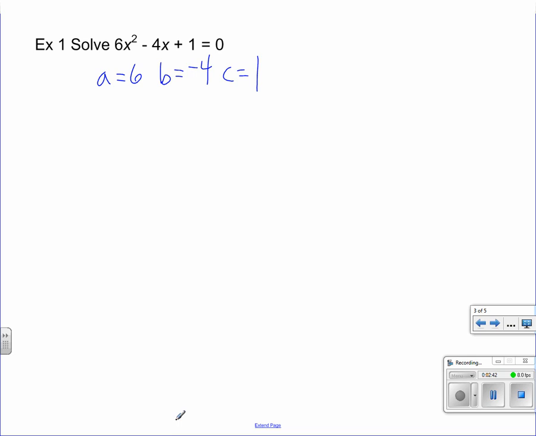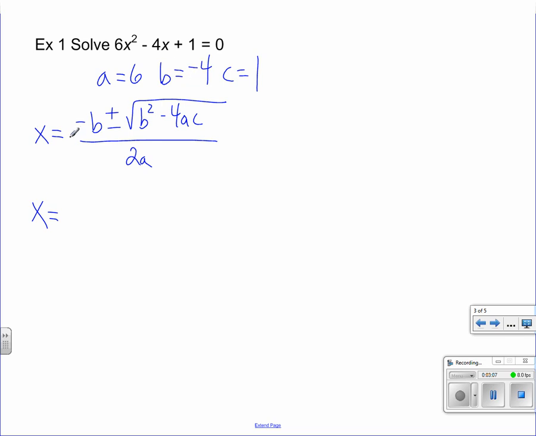We're going to dump those numbers into the quadratic formula. I'm going to rewrite the formula. All right. In this formula, notice that there's a minus on the first b. That means take the opposite of whatever b is. b is negative 4 right now, so its opposite is going to be positive 4.